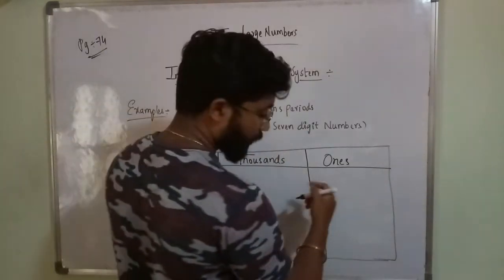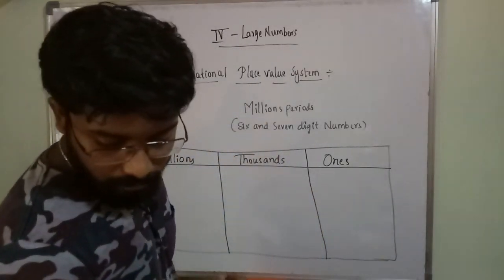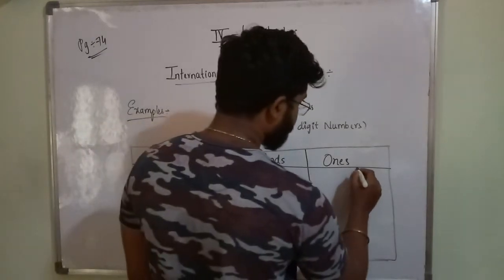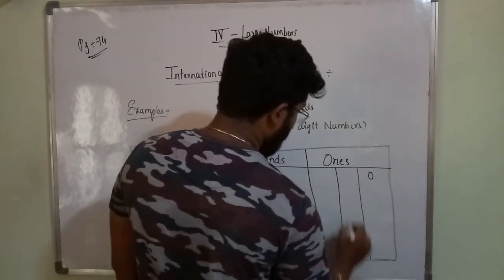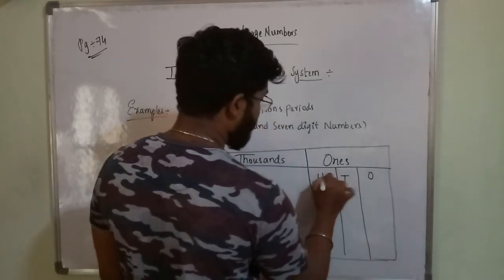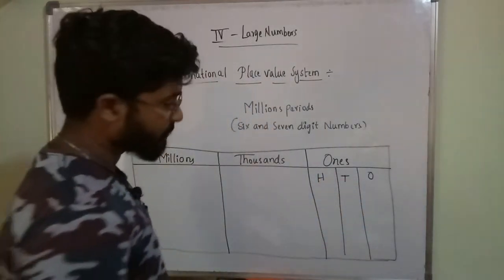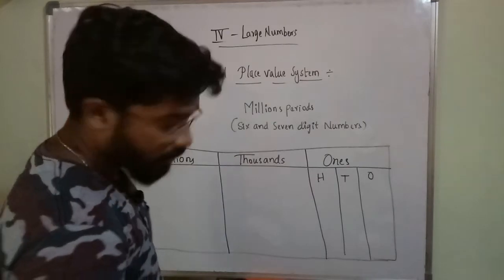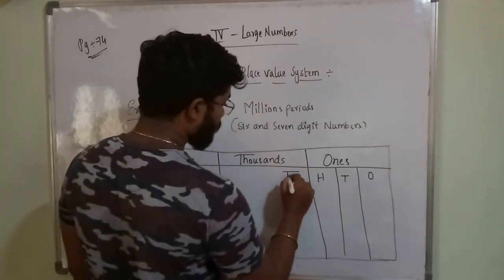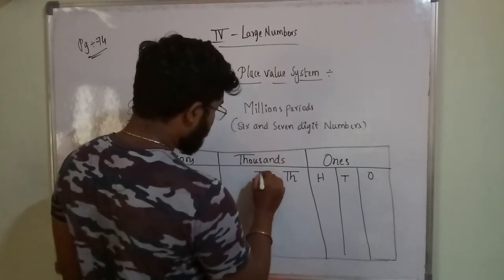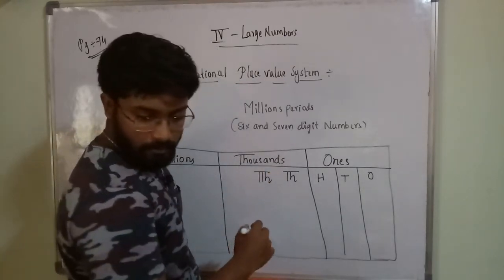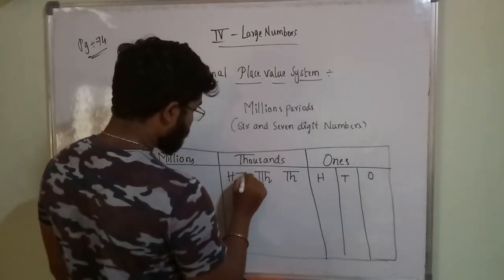So in the ones period what you will have? This is ones, this is tens, this is hundreds. Clear? Next, in the thousands period you will have thousands, 10,000s, 100,000s.